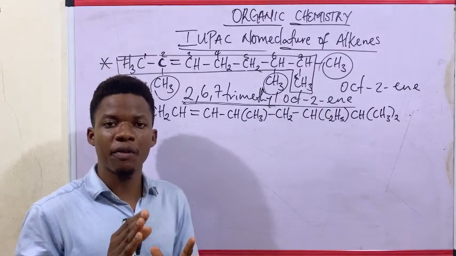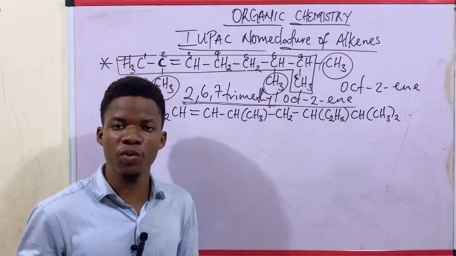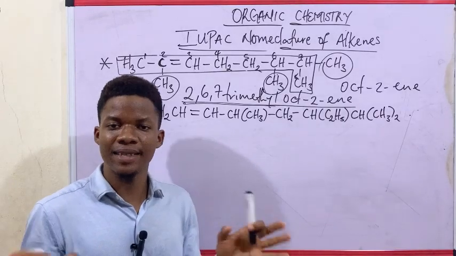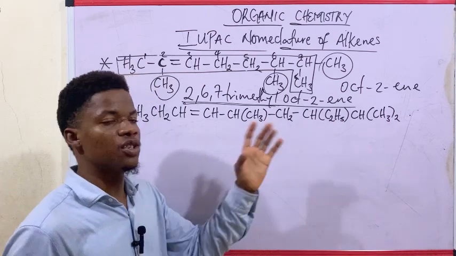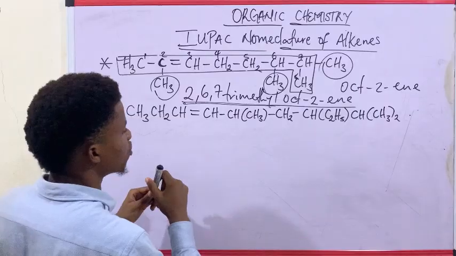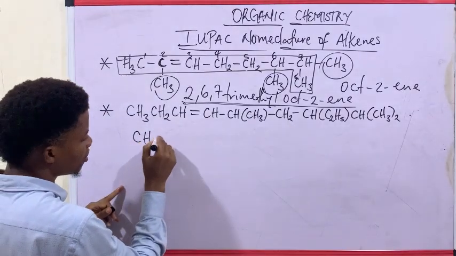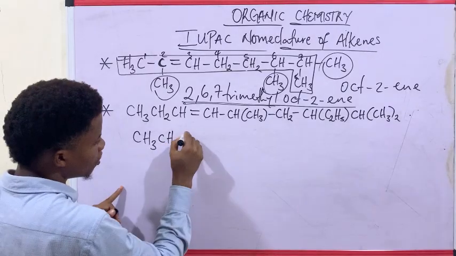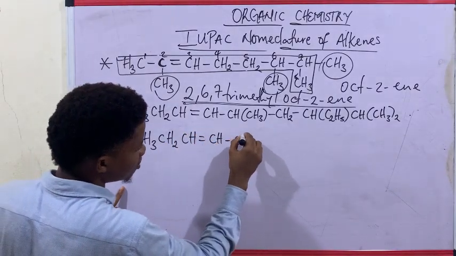You need to properly arrange the compound the way it is so that you can see every possible substituent and every possible carbon length. So you'll be able to determine the parent chain right and the substituent right. So first of all, you need to decondense this structure. So by decondensing this structure, you have CH3, CH2, CH, double bond, CH, CH.